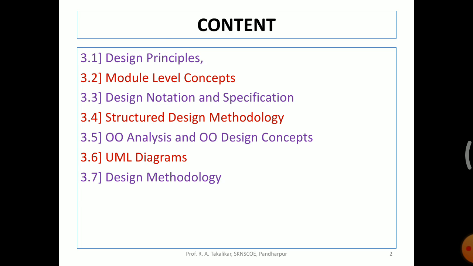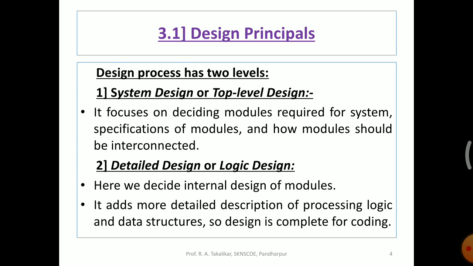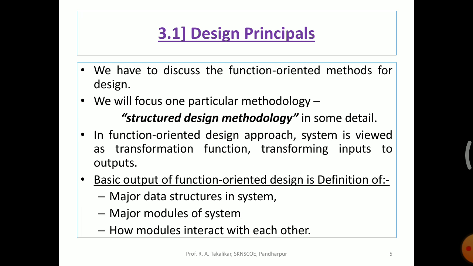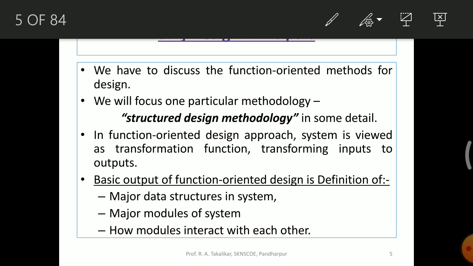So under the design principles, we have learned that the design process has got two levels: the system design, also called as top level design, and detailed design or logical design. Again, we have seen that once the function oriented design is finished, what different outputs will be generated, what will be in the hands of the designer.